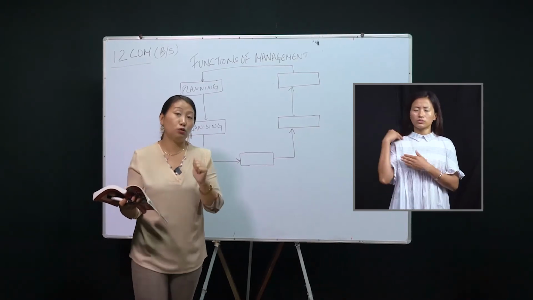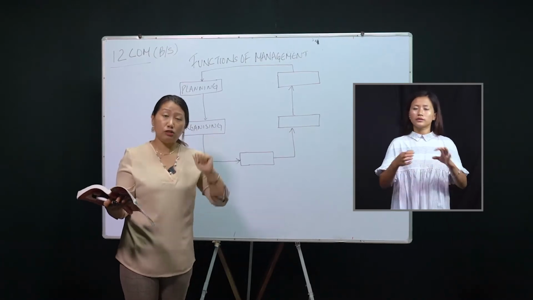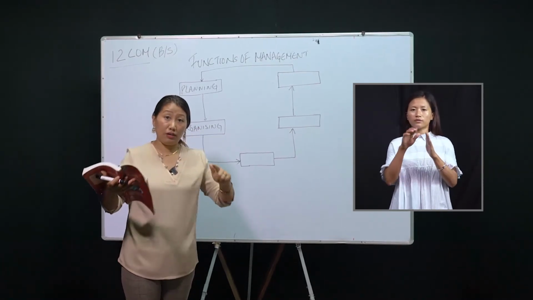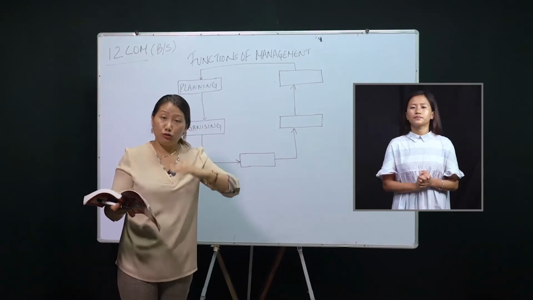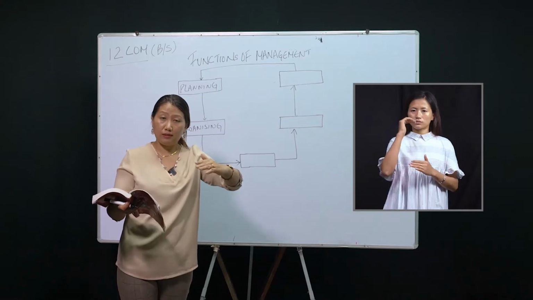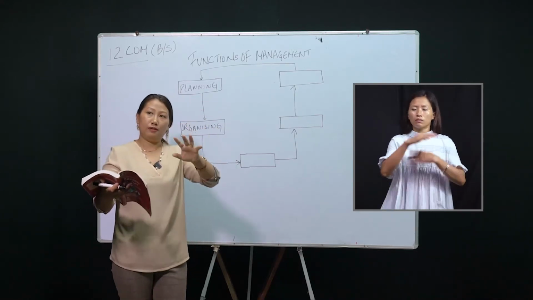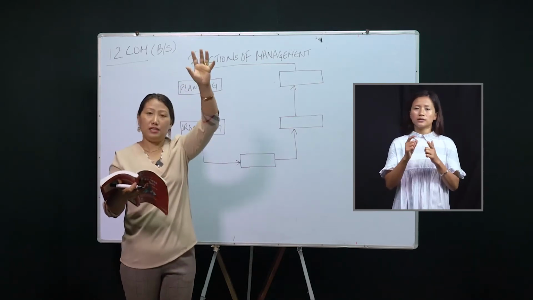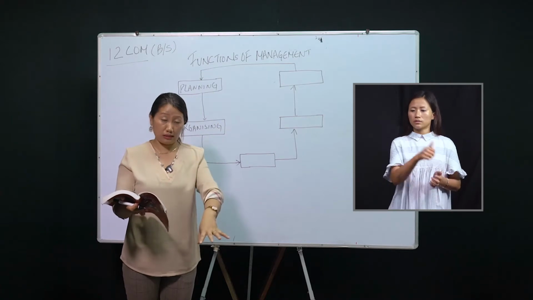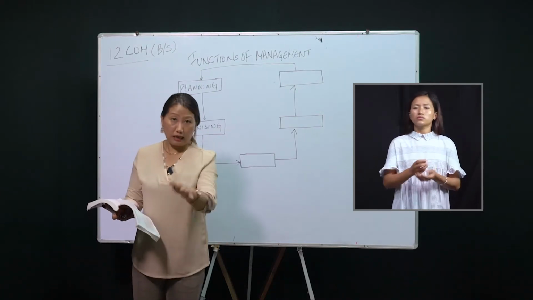Now, authority and responsibility relationship we have studied in the levels of management, isn't it? The hierarchy of management is divided into three: the top level, middle level, and supervisory level. Yes or no? All those levels are interdependent. One head gives orders to the subordinate, and the subordinate takes that order and gives it to the lower one.